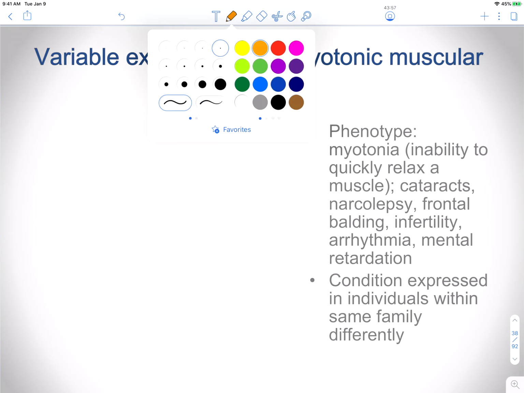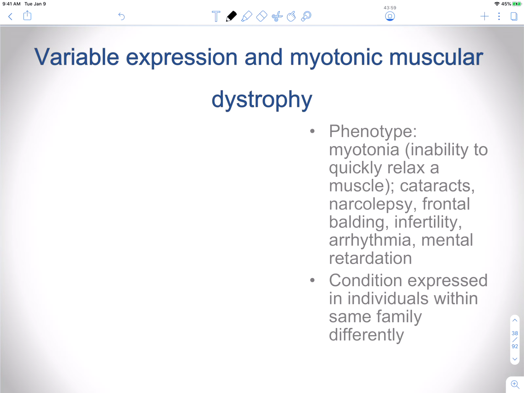So here I'm just going to quickly draw a sort of family tree with myotonia going through the family tree. You have a father and a mother, and the father is going to be affected, and the father has cataracts.